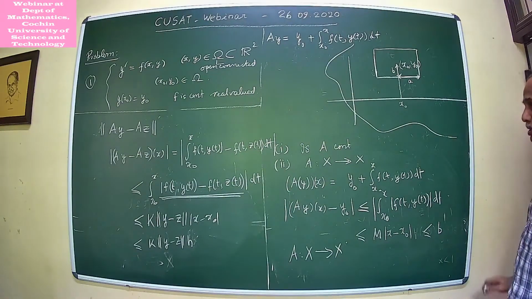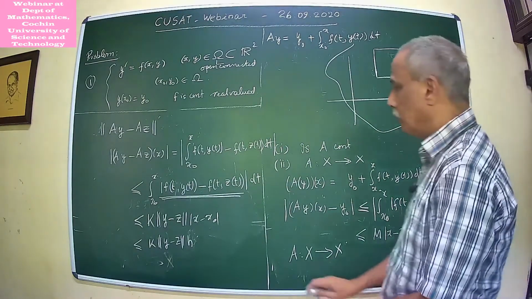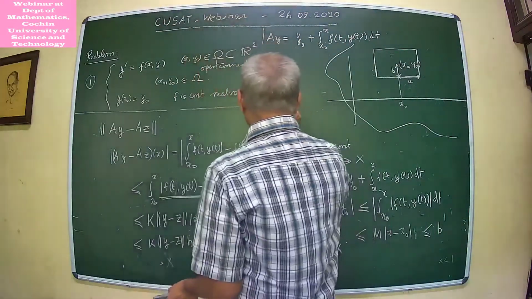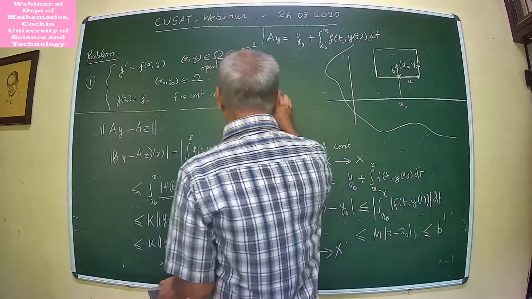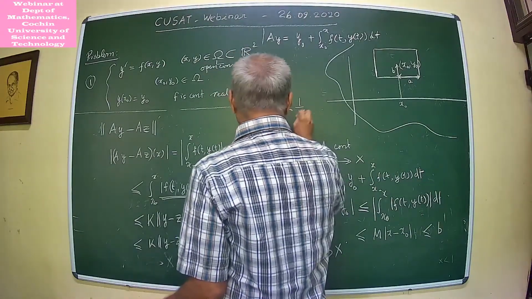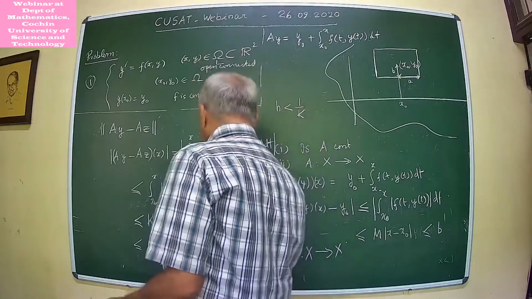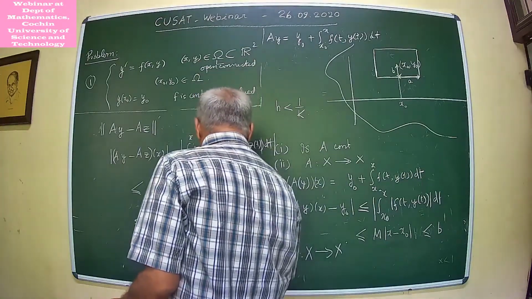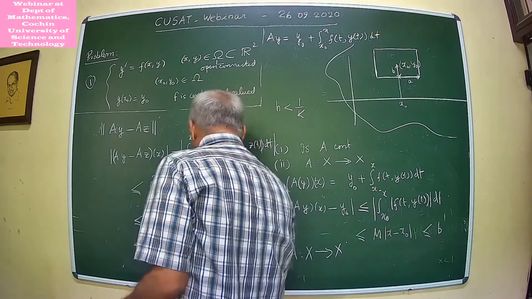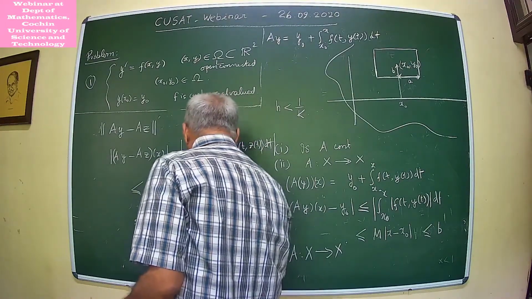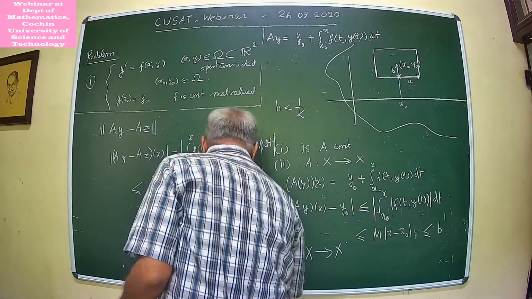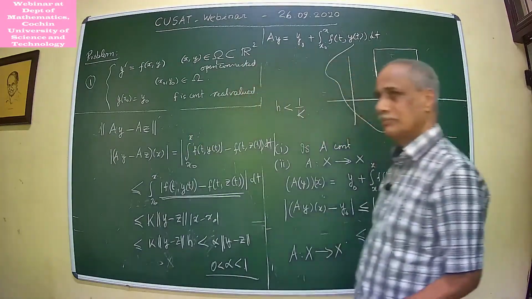So all that you need is, now you see h you have chosen, you recall that h is less than 1 upon K. Therefore this is less than some alpha, where alpha is less than 1.